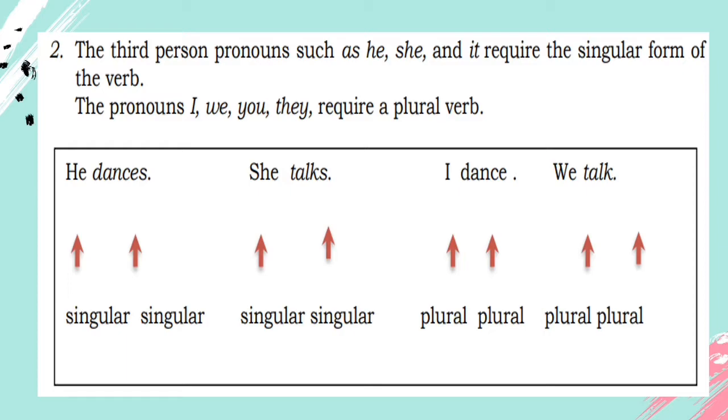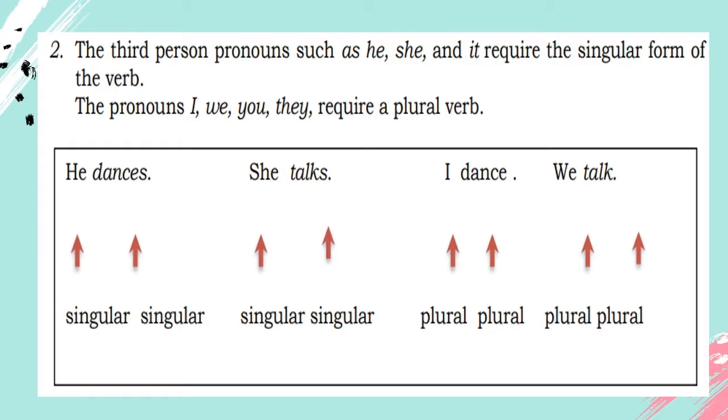Example, he dances. He refers to only one person, so it is singular, so it requires a singular verb. Dances. She, singular, so it requires a singular verb also.